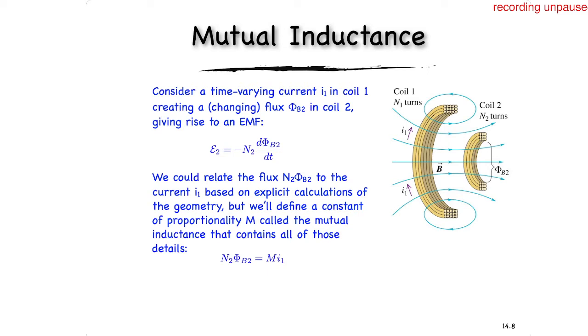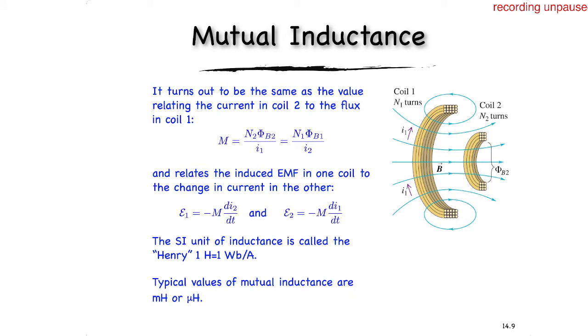Okay, so when we put a current through coil 1, we'll get an EMF in coil 2. And if we substitute in our expression for the mutual inductance, it's N phi over I. We can also show that the mutual inductance from 2 to 1 is the same as it is from 1 to 2.